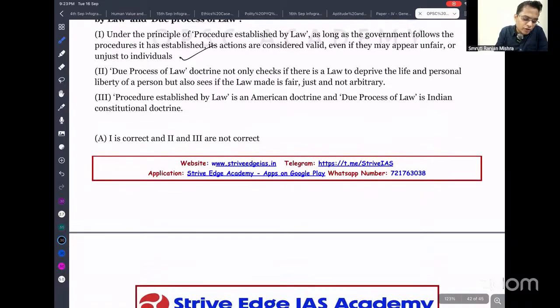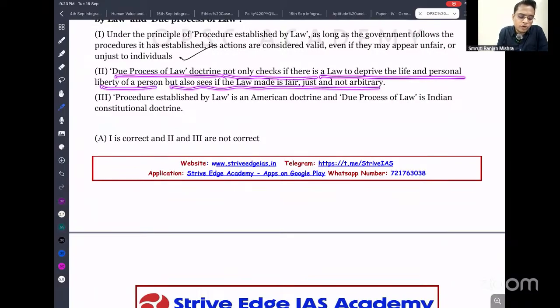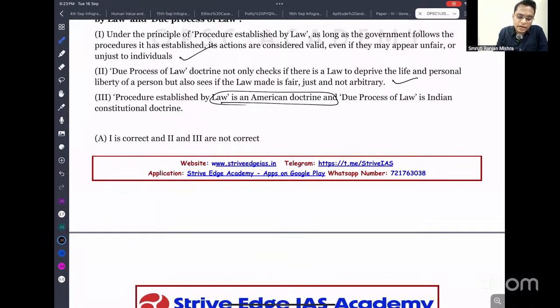Under the due process of law doctrine, the court not only checks if the law deprives life or personal liberty of a person, but also sees if the law is fair, just, or not arbitrary. Yes, this statement is also right. Then, procedure established by law is an American doctrine, and due process of law is an Indian doctrine, just reversed.